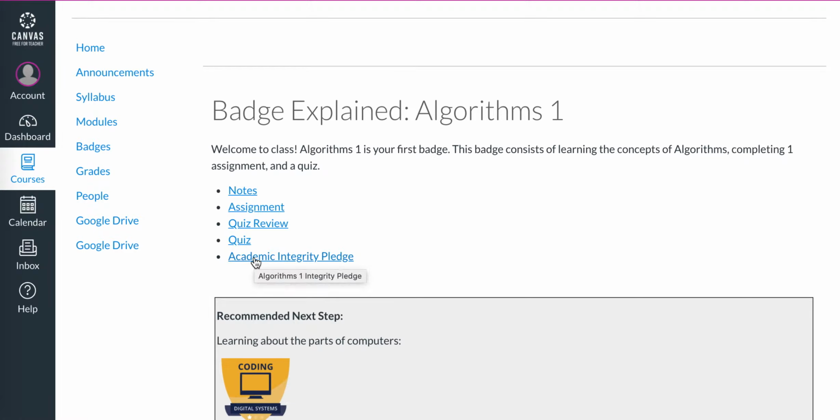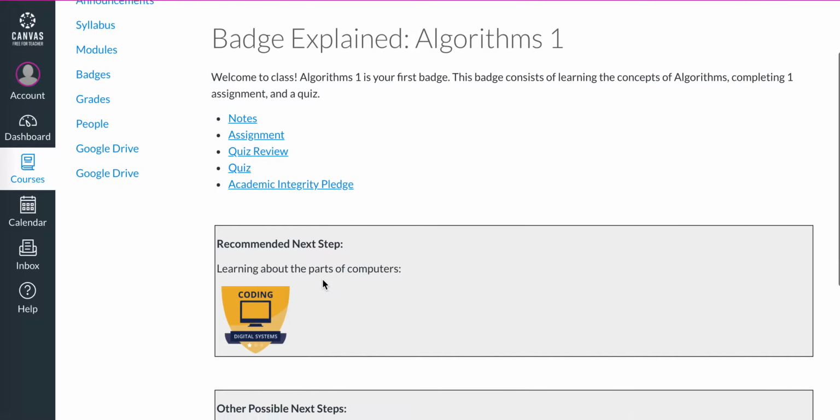Then there's another kind of mini quiz just to say that I've not violated any academic integrity policies, and here's what I've learned doing this badge. So those are the things you'd have to do in order to get this work done.